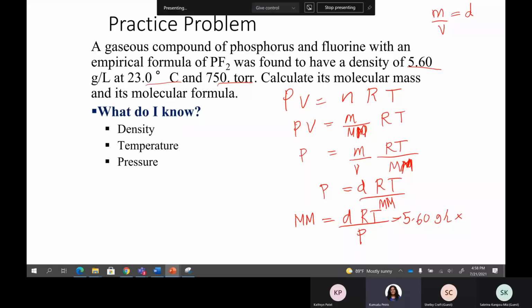multiplied by the R. Okay, now we are given this one too, right? We are going to use 0.082 liters atm per mole per Kelvin. Okay, and the temperature should be changed to Kelvin here. Okay, and divided by the pressure.